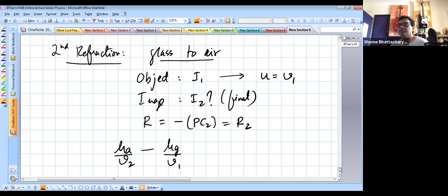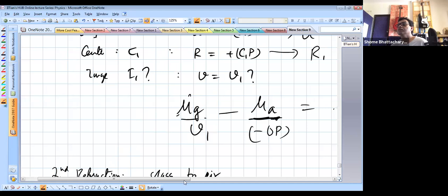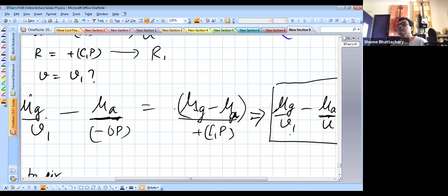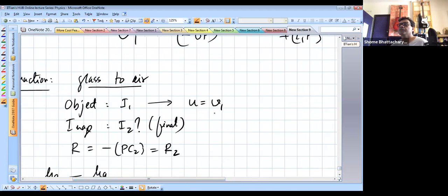Okay. So in the first diagram, in the first refraction, if I'm getting V1 as negative, I'll put V1 with the negative sign over here. V1 with its sign will be put over here. Whatever V1 we are getting by solving this equation, if it is negative, then the object becomes a real object for it. If it is positive, then the object becomes a virtual object. Okay? So this is from equation 1 above.